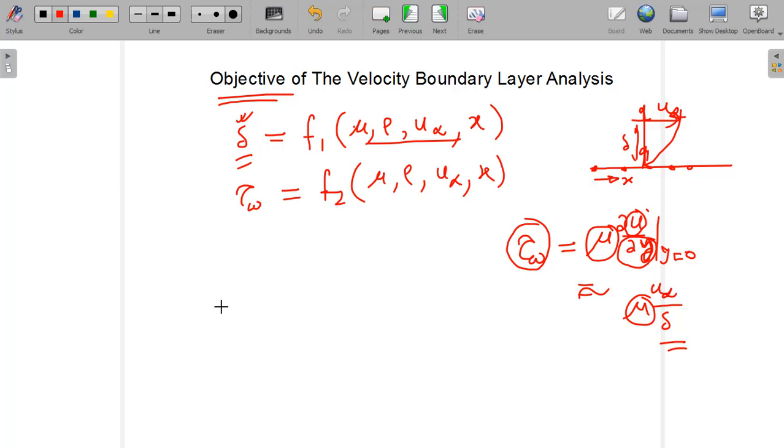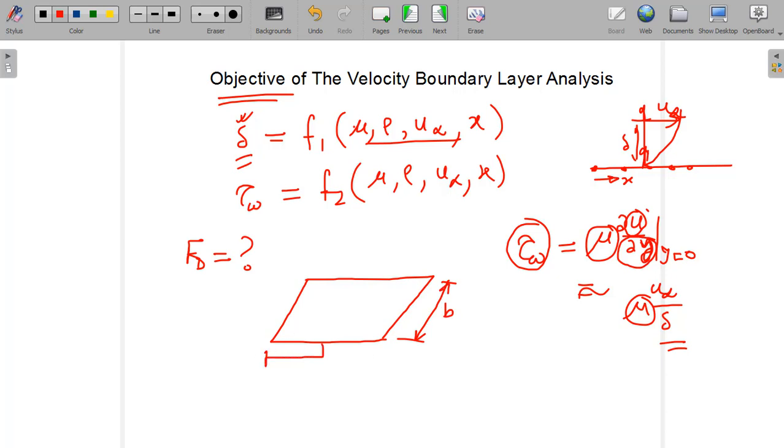But ultimately what we want to find out is the drag force acting on this plate. How can we find out the drag force? Consider this is the plate, and let us consider that the width of the plate is b. From the leading edge, at a distance x, consider a very small area of thickness dx.